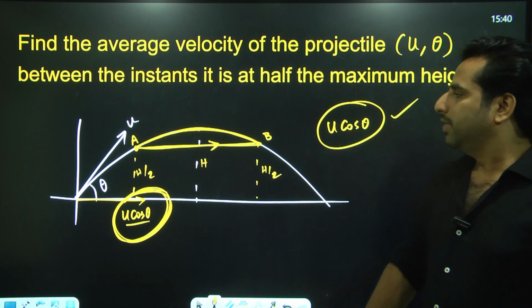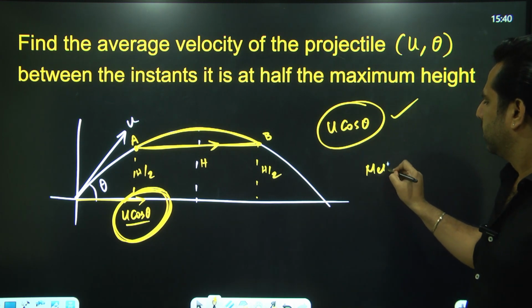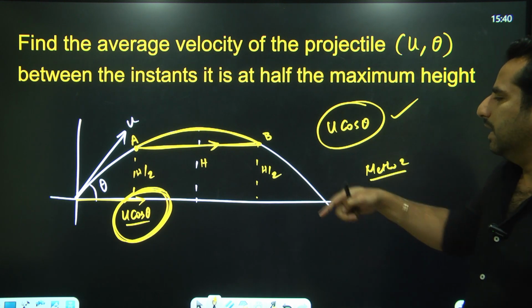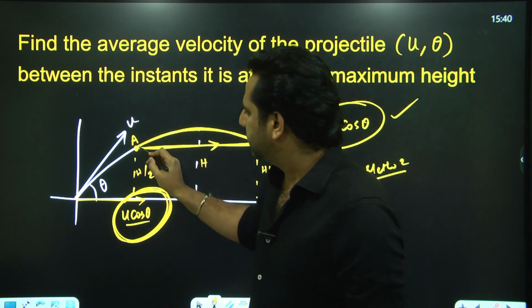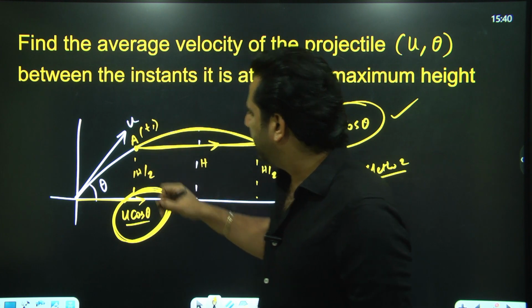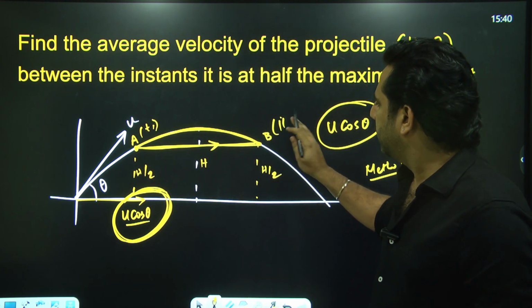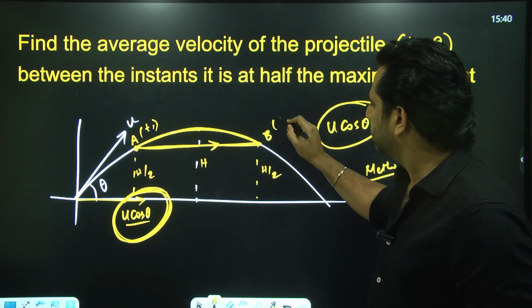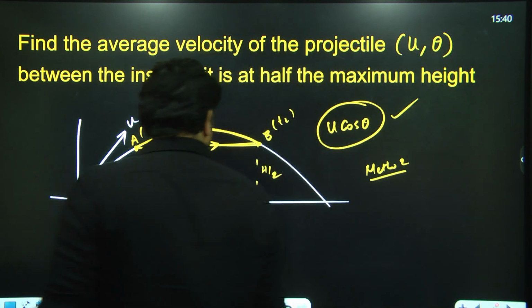It's over. There is another method, method 2. We can use a little bit of math. Let me say it is reaching point A at time t1 and point B at time t2 from the initial point of projection.